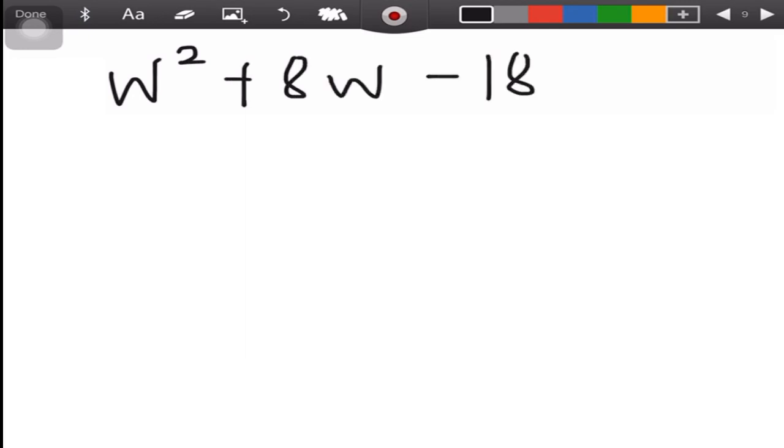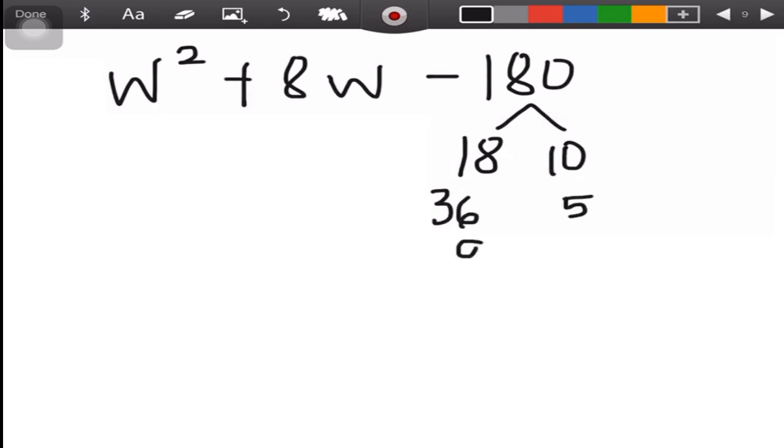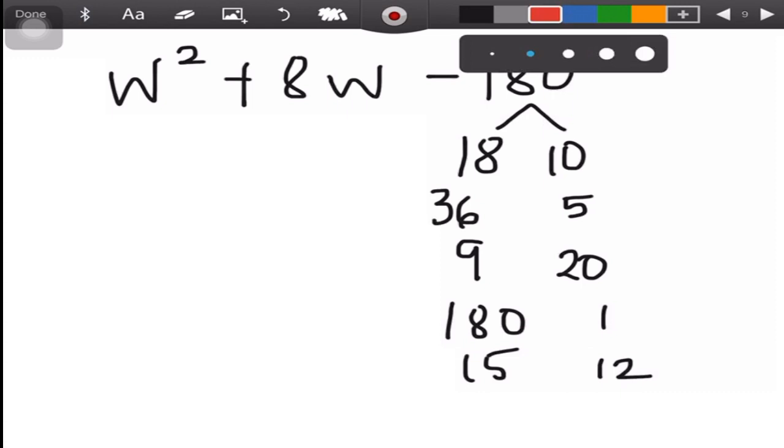minus 180. Now we will list the factors of 180 to get 8W. So we have 18 times 10, 36 times 5, 9 times 20, 180 times 1, 15 times 12. So that's it.